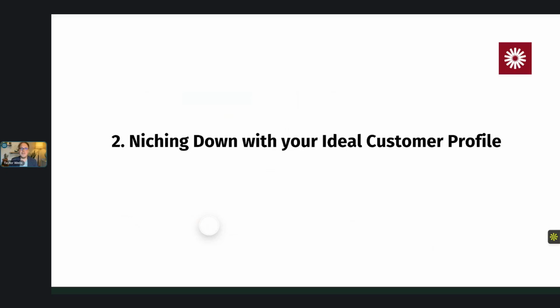So niching down, this is where ABM comes in, right? Account-based marketing, where you find specific accounts and you target them. But I think if you look at publicly traded SaaS companies, maybe not cybersecurity because there's not that many vertically focused. In fact, I don't know if there's any that are just one vertical. But if you look at vertically focused, publicly traded SaaS companies, because those are the ones we have the most accurate data on.